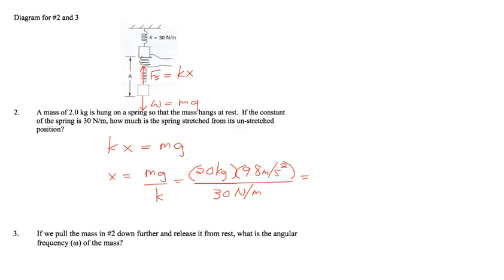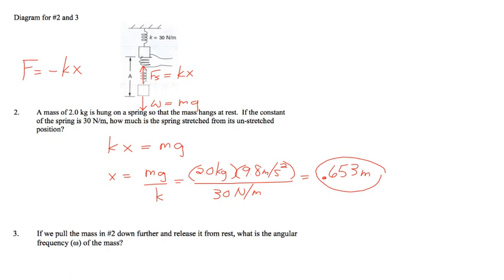And if you solve that with the numbers that I gave, it came out to be 0.653 meters. And that's it. That's the problem. So you're setting the spring force, and that's Hooke's law. Remember, Hooke's law says that F equals minus kx. So that's what you're using here to solve this problem.